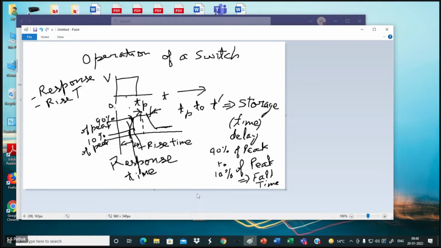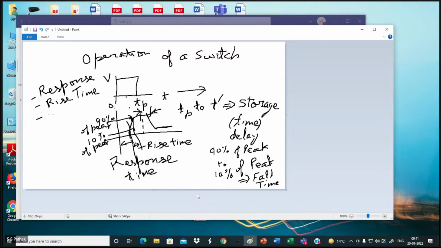Like your CMOS circuits, they will operate at 3.5 volts. So if you are applying 5 volt, unless the rise time brings it up to 3.5 volt, the switch will not become on. It becomes on. After that, even if the voltage builds up, it remains over there. Rise time.